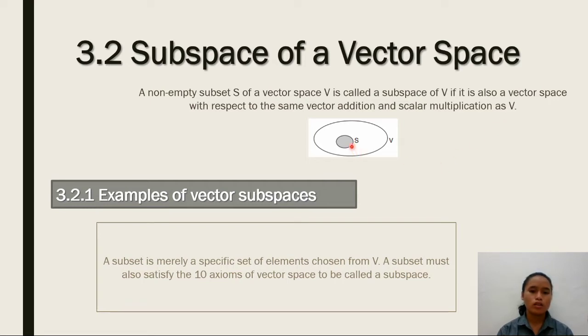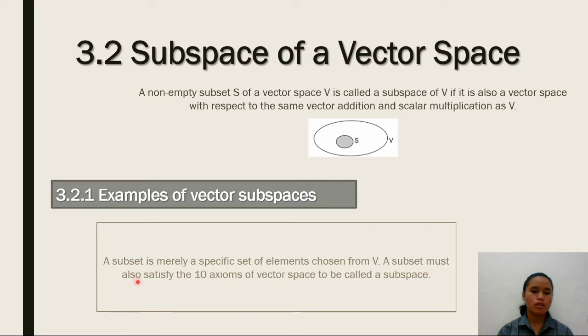So a subset S that is in a vector space V, if S is in V, we can call that a subspace of V. So 3.2.1, example of a vector subspace.